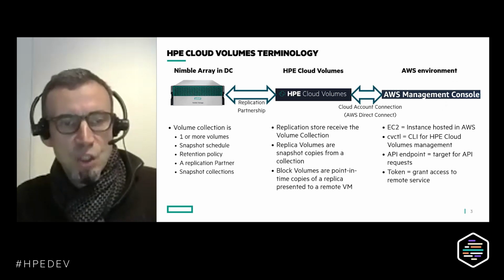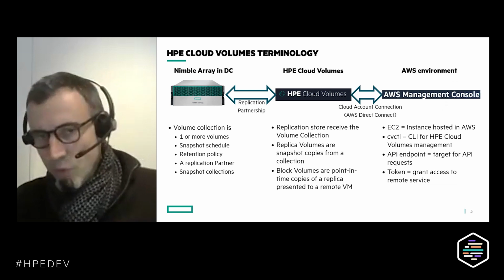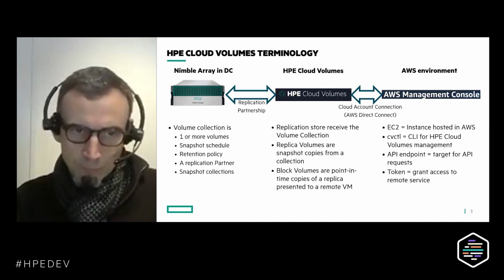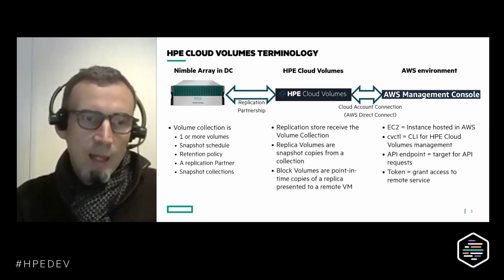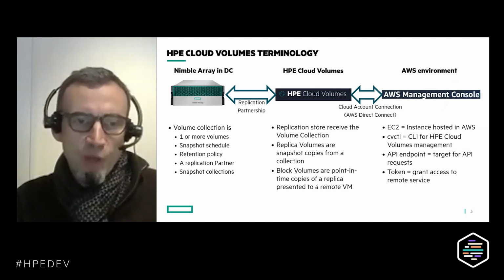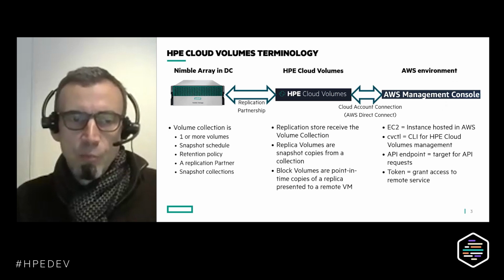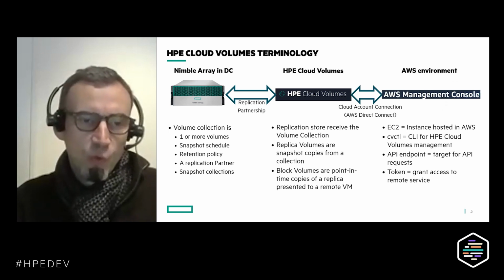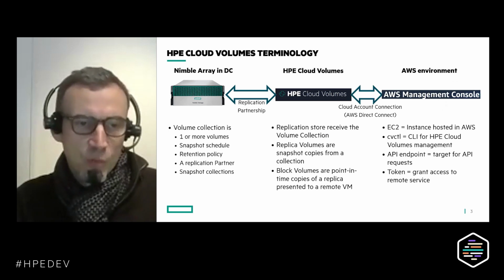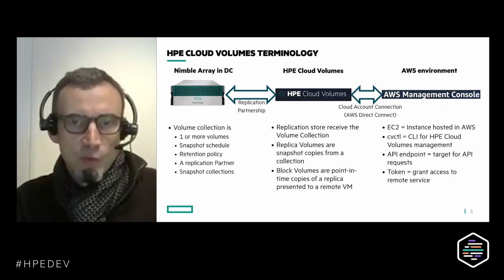So it is initiated from the Cloud Volume interface, which is online once you have an account. And from here, you can create all the steps like a replication store, which is the place, the collection where you receive your volume collections, and so forth and so on. But I will go more into the detail from here.